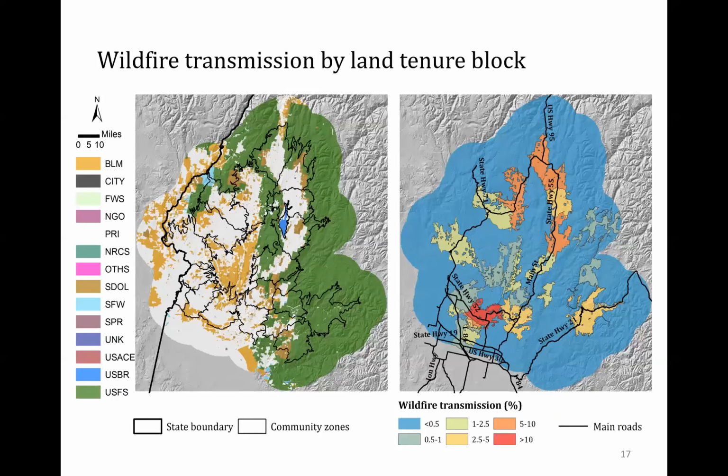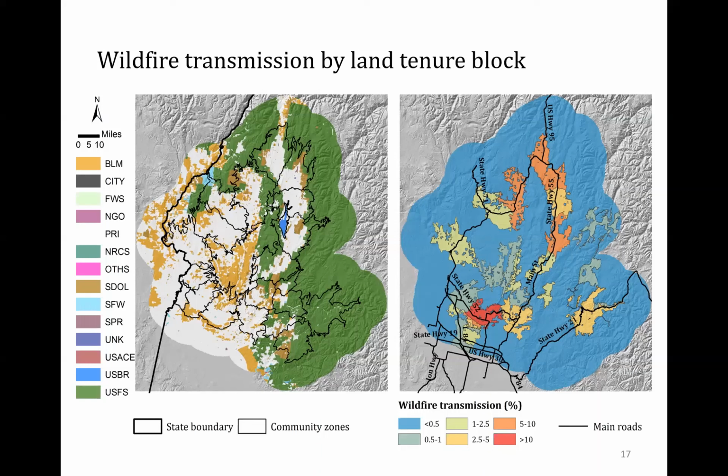If we summarize transmission by pad block, the pads are the polygons relative to the different land tenures. This is providing a really interesting output where we can see some big blocks accounting for the bulk of wildfire transmission.